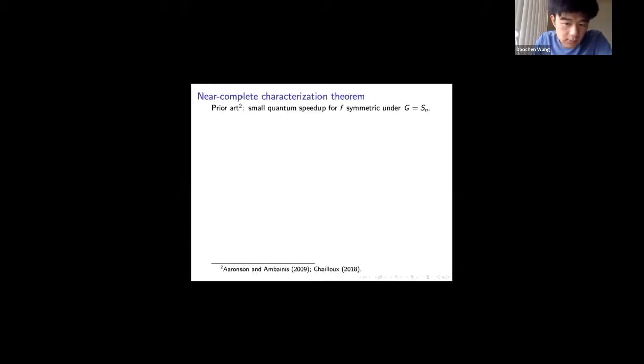It has been previously known that when G is the full symmetric group S_n, there can only be small quantum speedups. Our first result goes much further and can be summarized by the following flowchart.